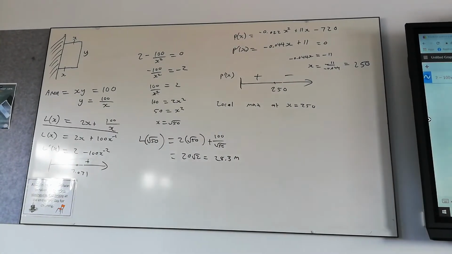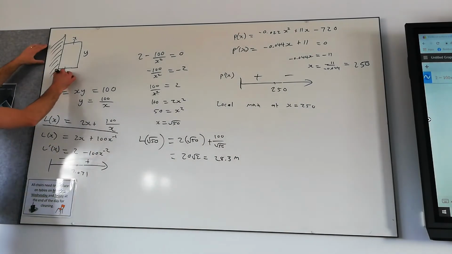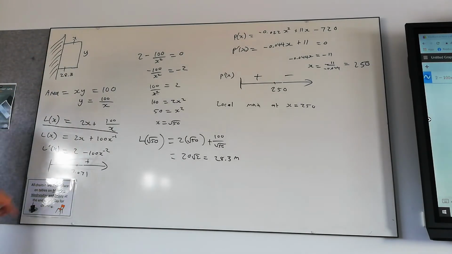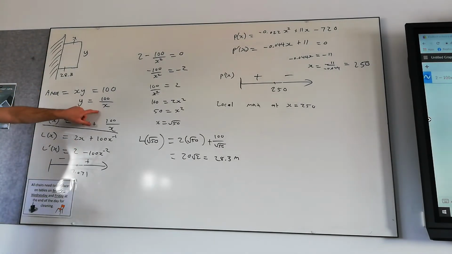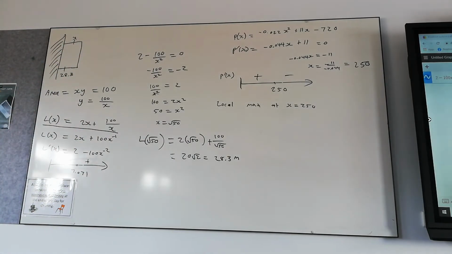And then you can sketch the solution. So if we were to just label this diagram, x is 28.3. The value of y is 100 divided by 28.3. So we'll put that in. And I've got 3.54.